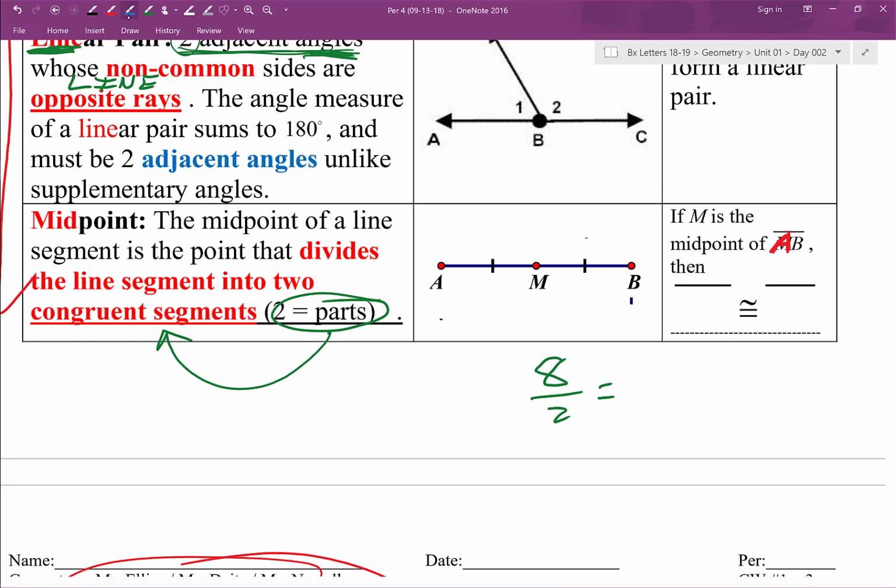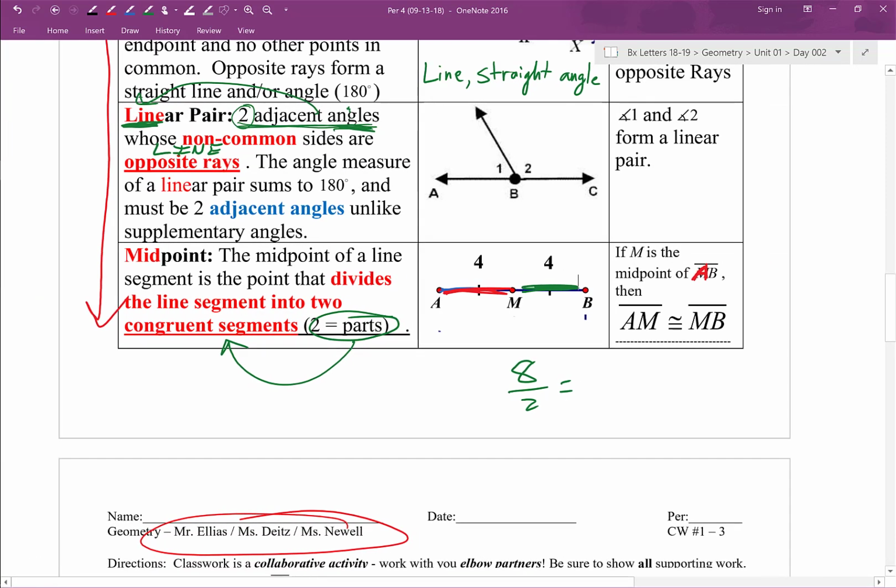Okay, you say nothing, but you can actually tell me something. What's the name of this segment here? So AM must be congruent to what? Yeah, that's literally something you can tell me. You might not know what AM is, but if you knew what AM was, what must NB be? Yeah, it must be the same. It must be congruent. Good. All right, we good on that? Yeah. All right. So, that's all for notes. We're going to practice. All right?